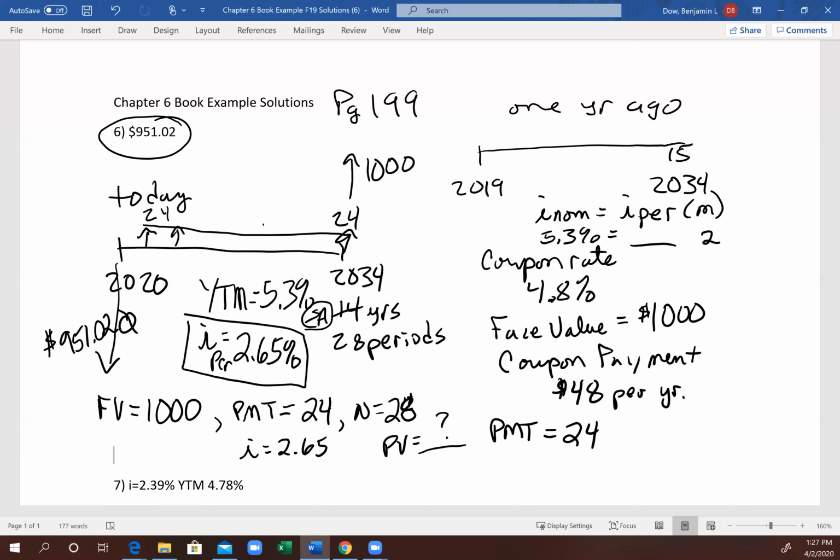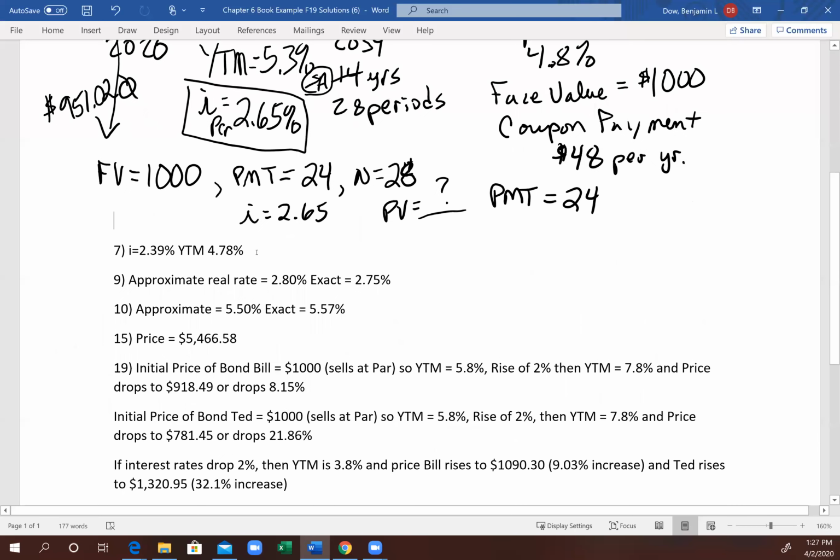That matches up our interest rate with our payments with our number of periods. All right, let's look down at number 7, then I'll see if we have any questions.